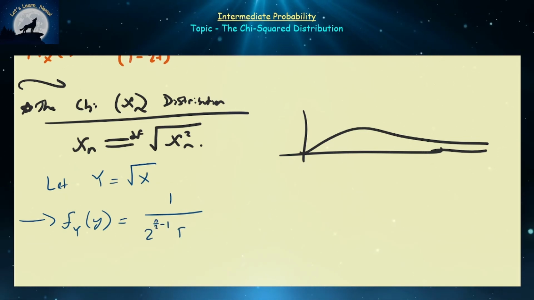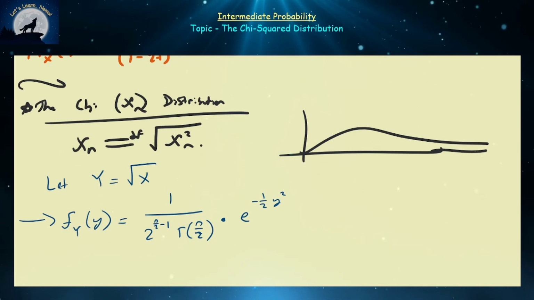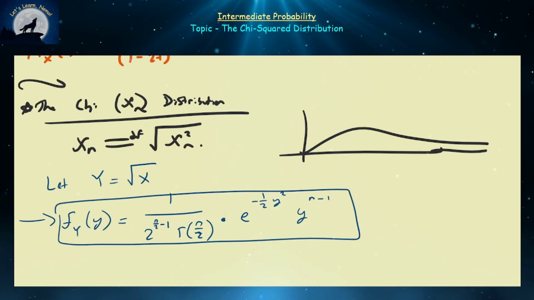That's one difference in the PDFs. Gamma n over 2, that term stays the same. And then e to the power of minus 1/2, instead of y, it's y squared due to the squared property. And then it's going to be y to the power of n minus 1, not n over 2 minus 1. And again, y will belong to the interval 0 to infinity.